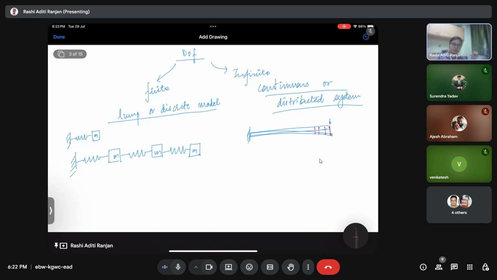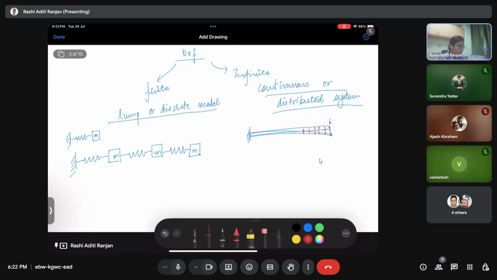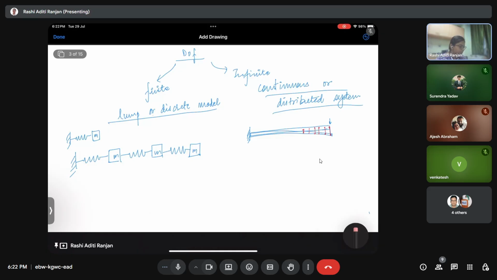Likewise, there are infinite number of points, and this goes on, right? But if I consider it something like this, I can do it. There is no issue, right?